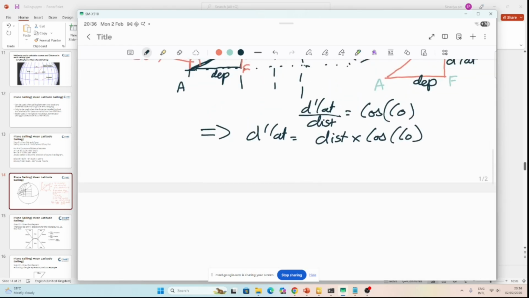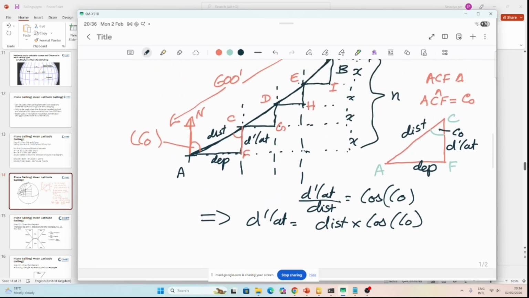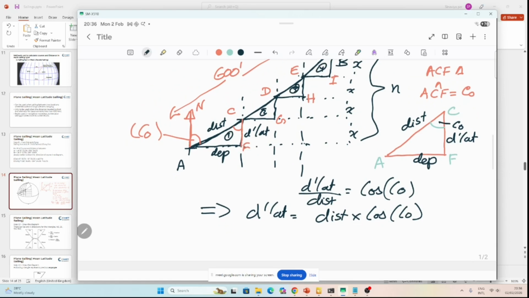Okay. So now from that you can see there are several triangles here. Triangle 1, 2, 3, 4, and we can continue that one.